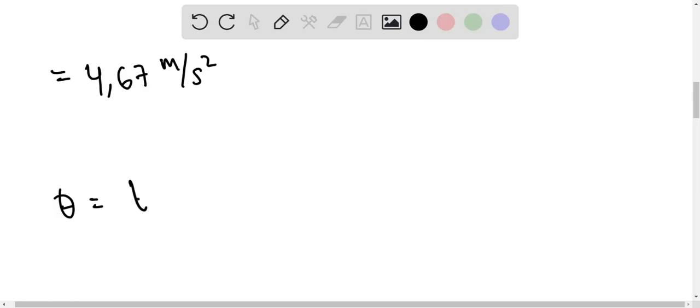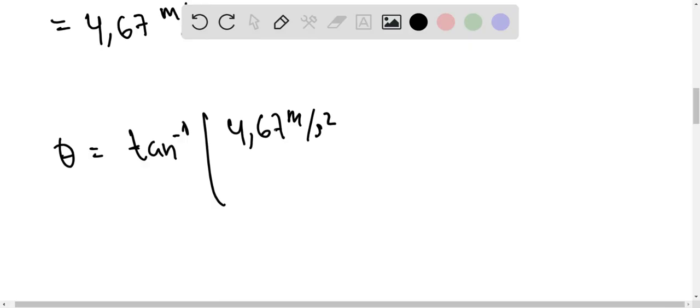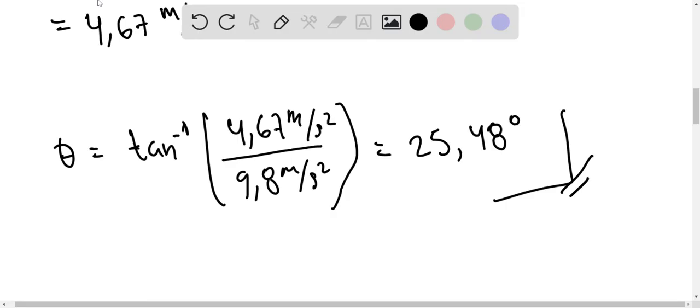The acceleration is 4.66 meters per second squared, and the acceleration due to gravity is 9.8 meters per second squared. Plugging this into the calculator, we obtain a value of 25.48 degrees. And this is the angle that the string makes with the vertical.